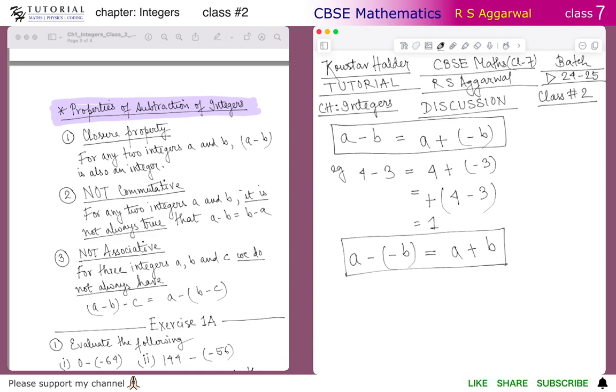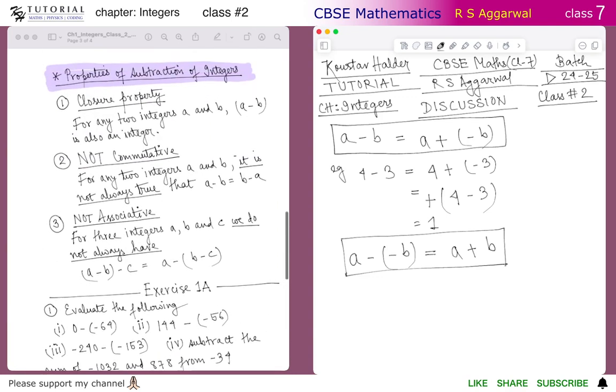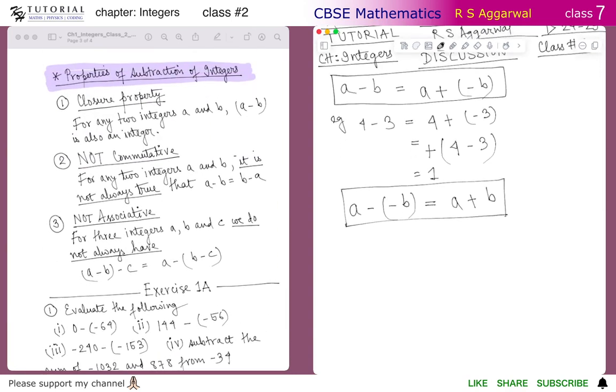Now, the subtraction of integers is not commutative. What is the commutative law? The commutative law of subtraction would say that a minus b equals b minus a.